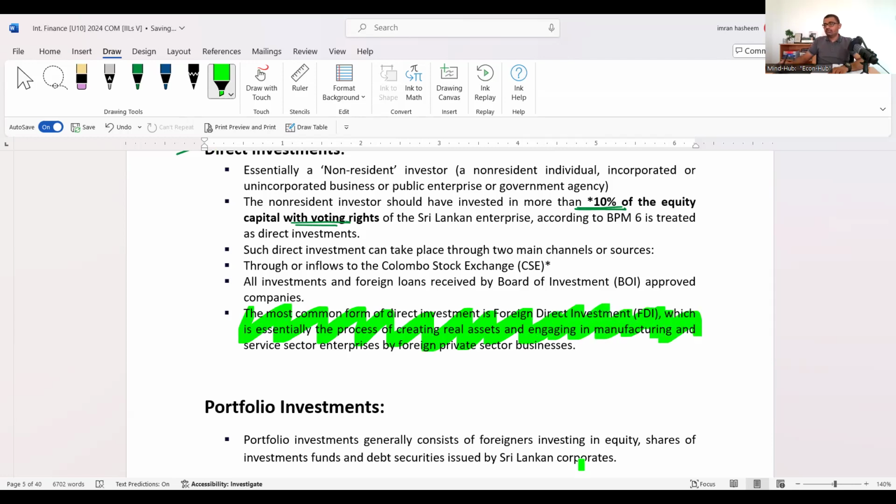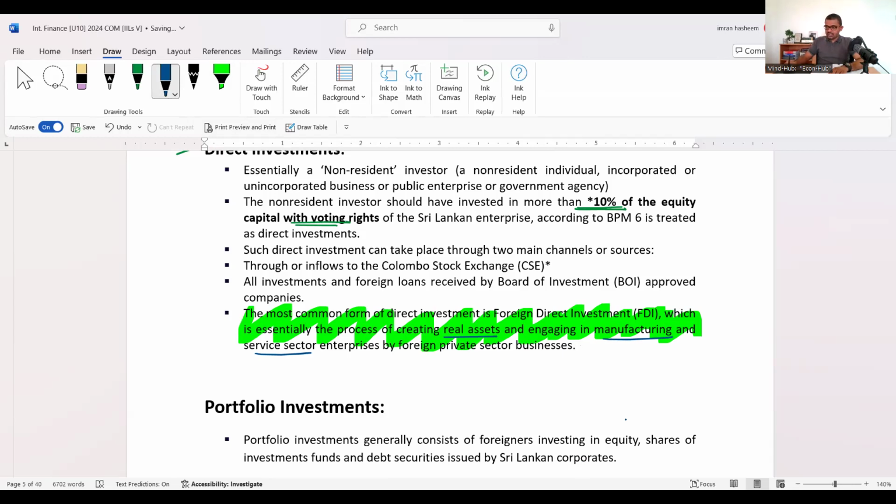The most common form of direct investment is foreign direct investment, FDI, which is essentially the process of creating real assets and engaging in manufacturing and service sector enterprises by foreign private sector businesses.